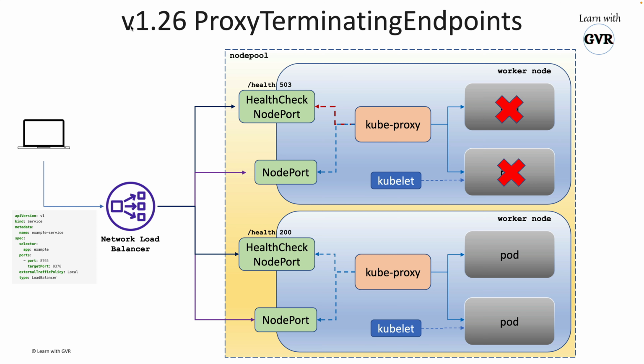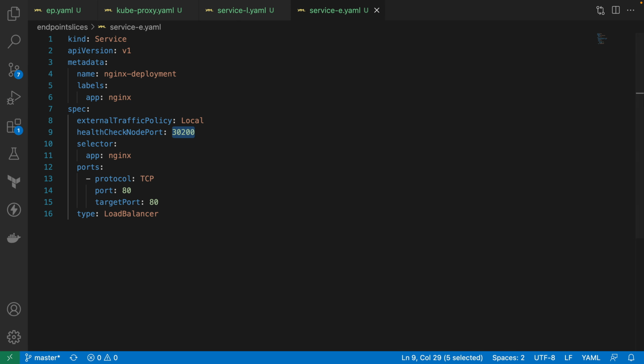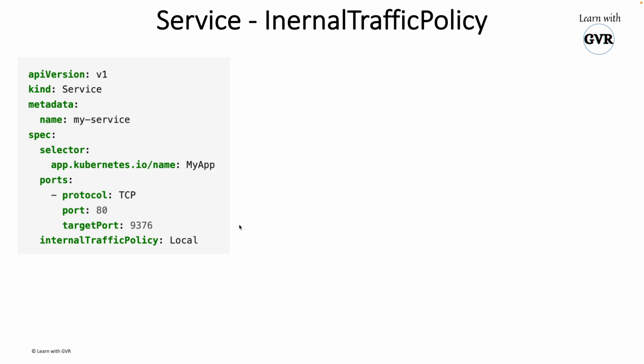That's the way traffic will be improved if you choose external traffic policy as local. So that's what we can leverage from the 1.26 feature, which is ProxyTerminatingEndpoints.